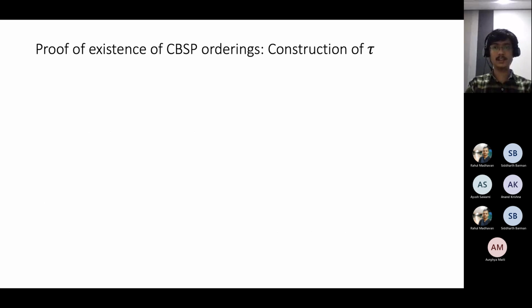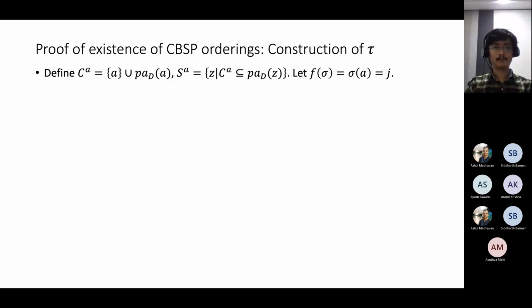Okay. Now I'll describe this construction of tau. Define the set CA to be A union parents of A, SA to be the set of all nodes for which CA is a subset of their parents, and let f of sigma, which was also sigma A, be some number j.